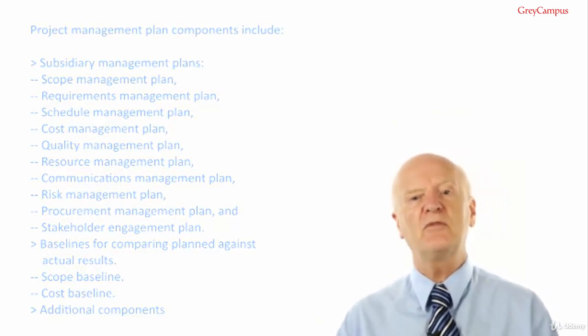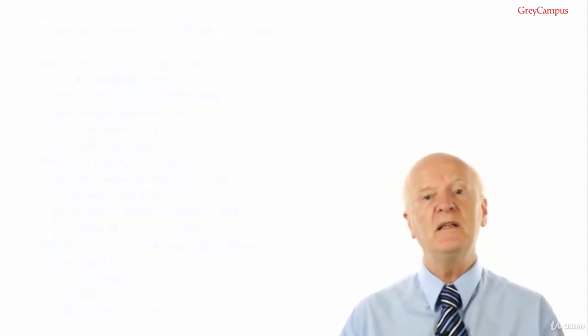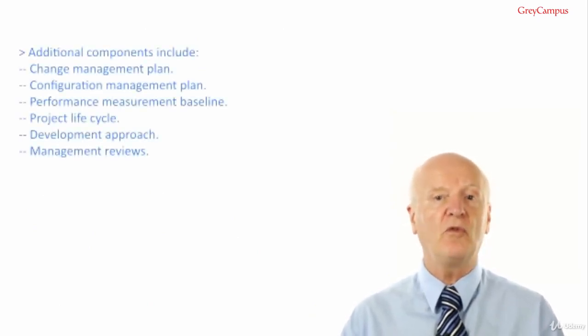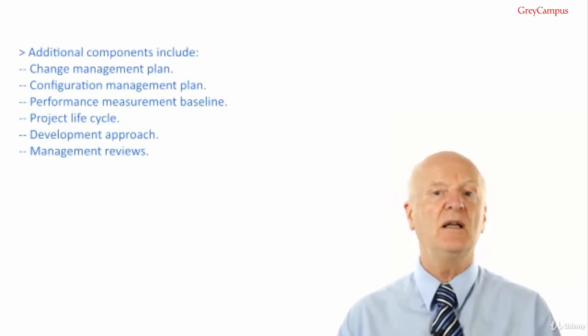The components developed in this process will be dependent on the project. However, they often include the change management plan, which describes how change requests throughout the project will be formally authorized and incorporated.